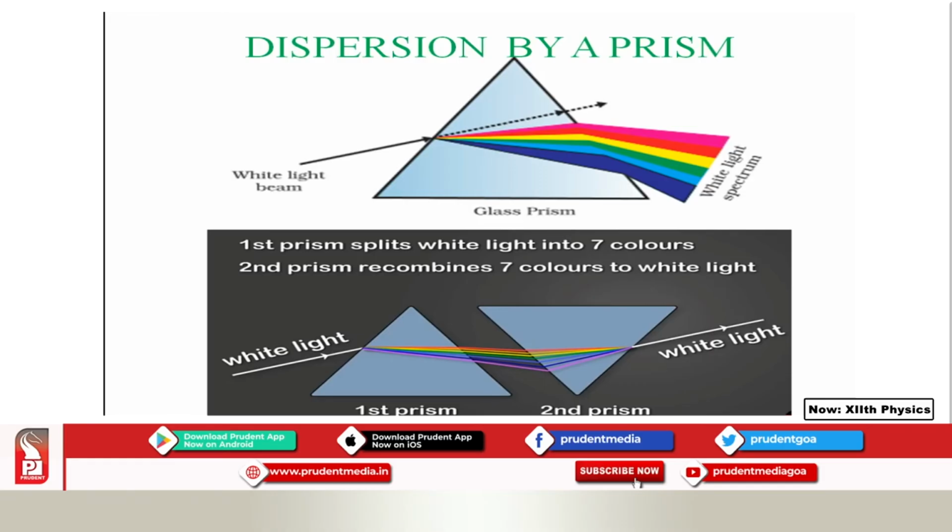So, I have the white light coming, and we know there will be dispersion of light, and when the inverted prism is just kept in this form, all the 7 colors will emerge as the white light all over again. So, this experiment confirms that prism only splits up the colors which are already existing in the white light.